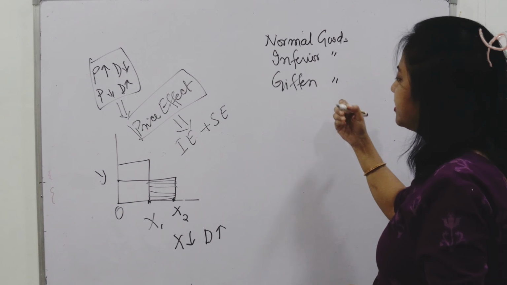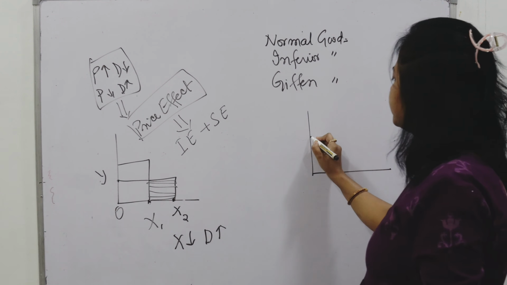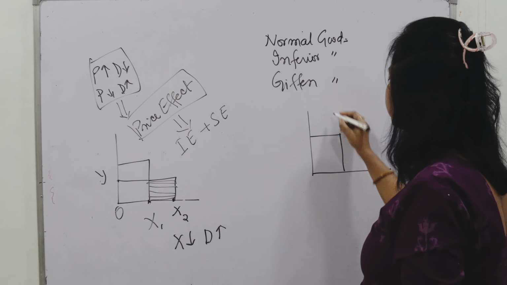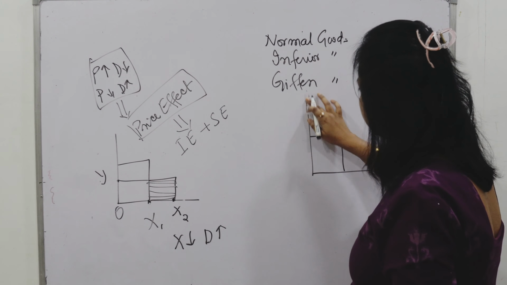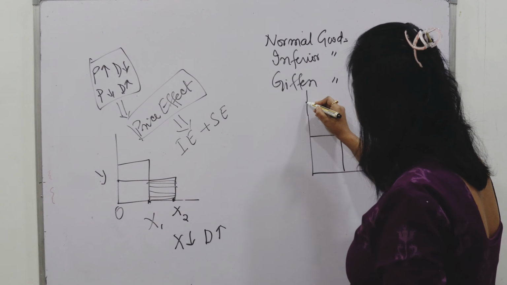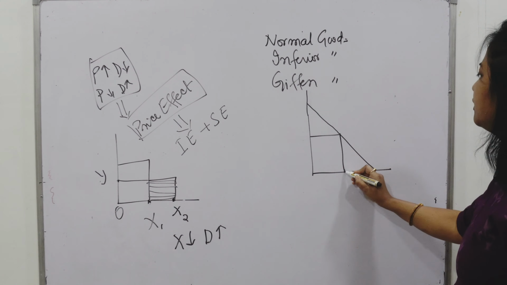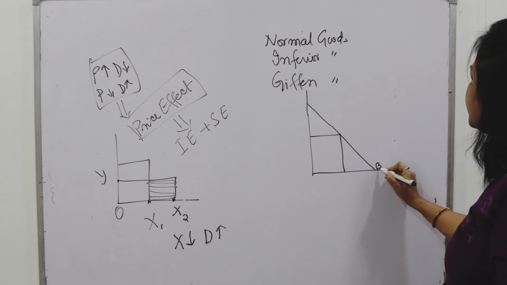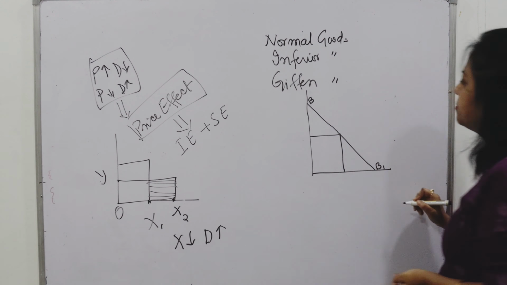Suppose the consumer has a budget, say for example, the consumer has a budget that he can spend this much. This is my budget line B1B. BB1 is my budget line.